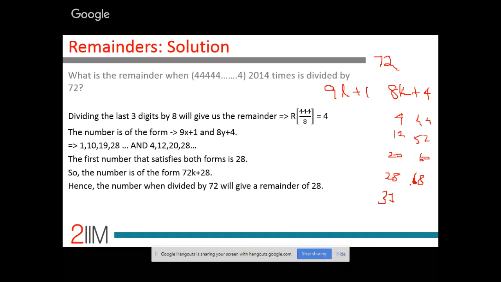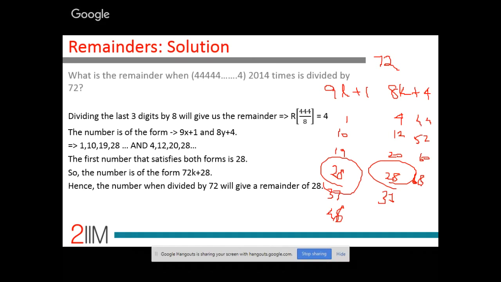If it leaves a remainder 1 on division by 9, it could be 1, 10, 19, 28, 37, 46, and so on. One of these numbers is common to both lists. That number is 28.